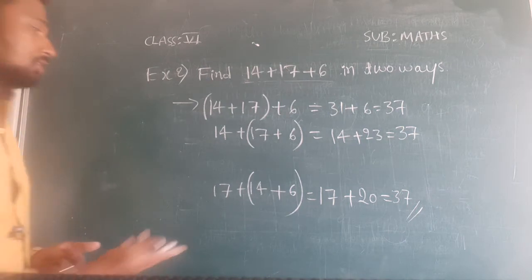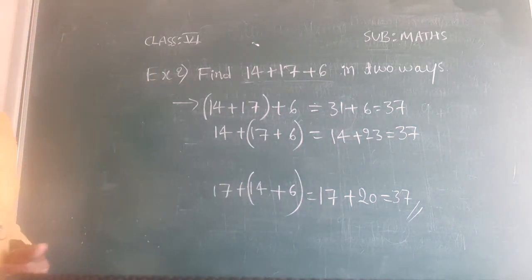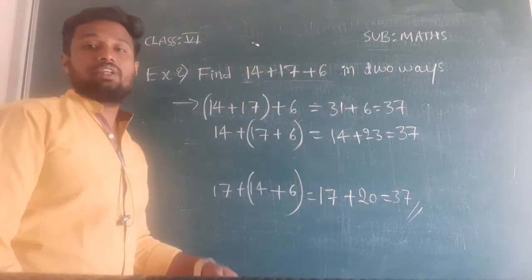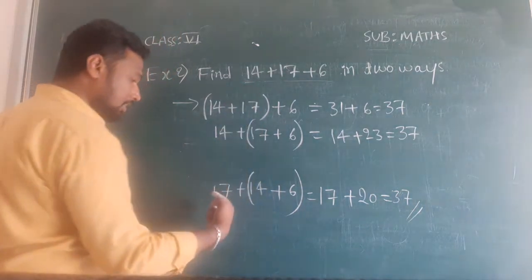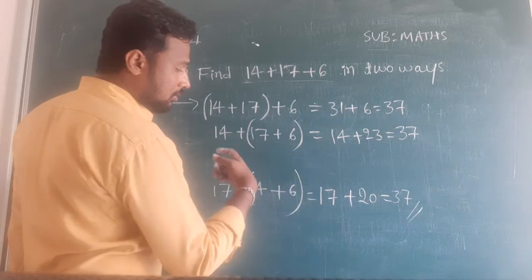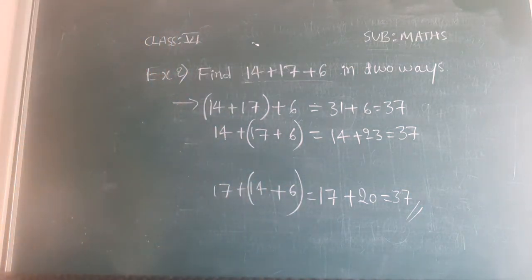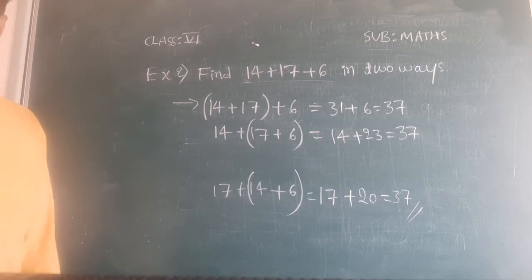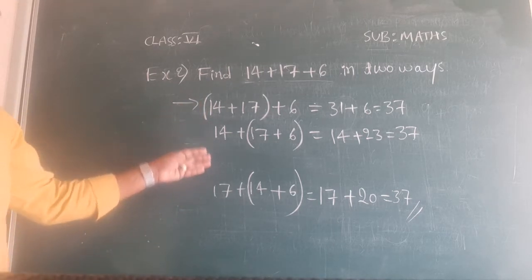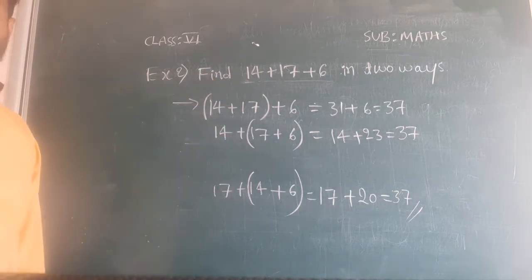Both are same. After that we considered associative property, that is I have written this 17 as it is only, and I considered the bracket for the remaining two terms. Okay, like this you can solve this in so many ways. Here I solved this problem in 3 ways.